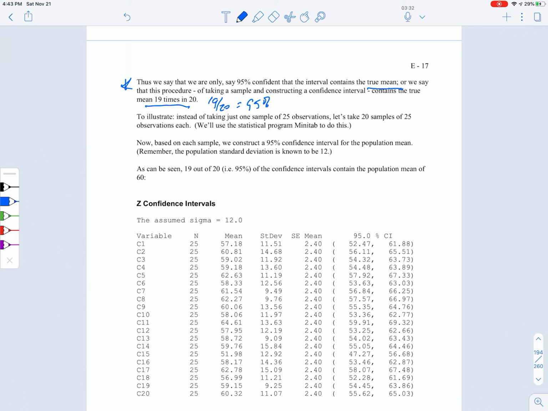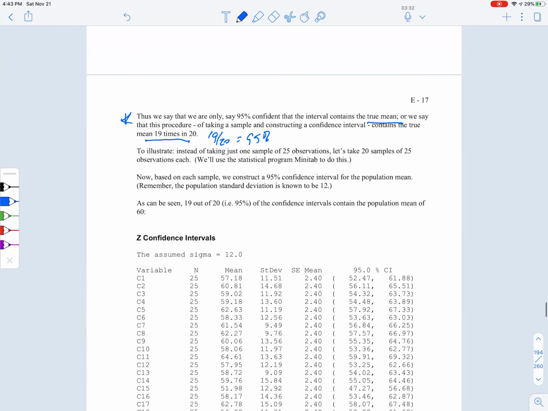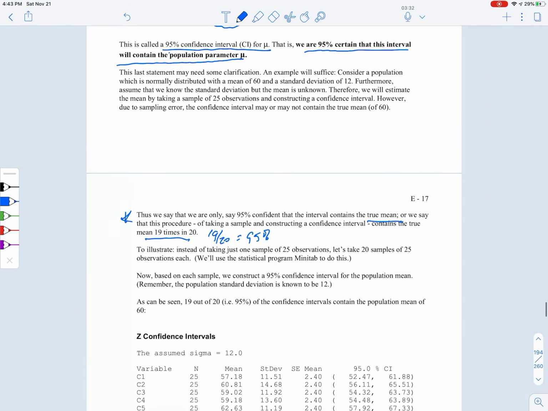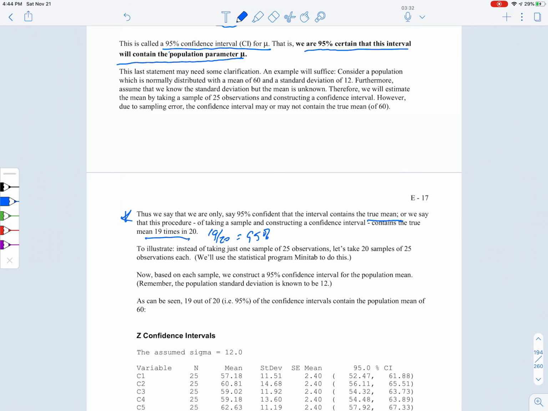Now, one thing I want you to note here is, why couldn't we be 100% certain? The only way that we can be 100% certain is to take a census. Sample everybody.